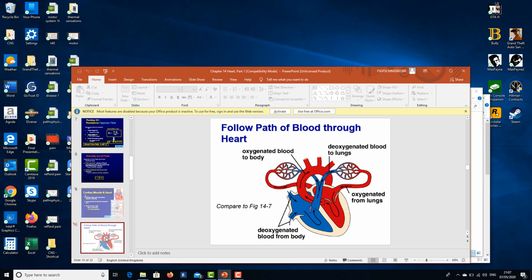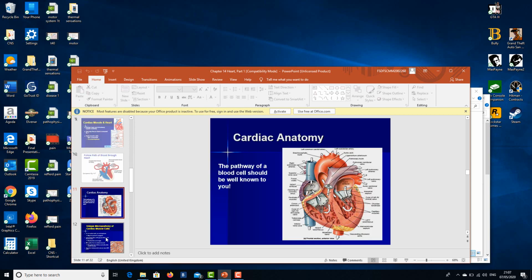So this diagram is quite important as well. The pathway of blood should be well known to you. Again, you can repeat it with me: deoxygenated blood comes to the right atrium by the help of superior vena cava and inferior vena cava, and then it enters the right ventricle.